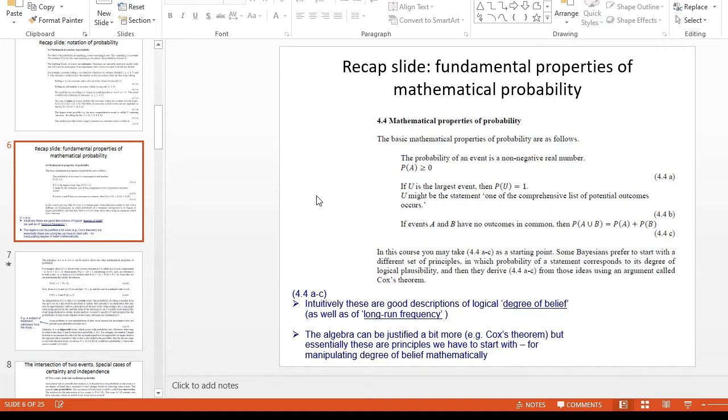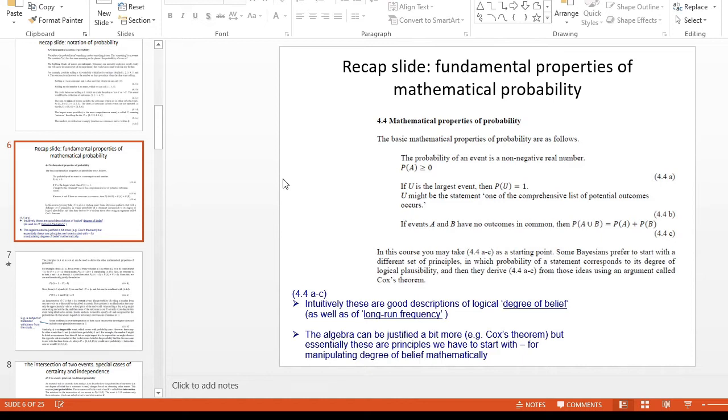And we said that we can get these laws of probability either from intuitive claims about how we think probability should work, we can agree that's where they come from, or we can do what Kolmogorov does and just says these are some laws, let's work out what system applies if they're true.